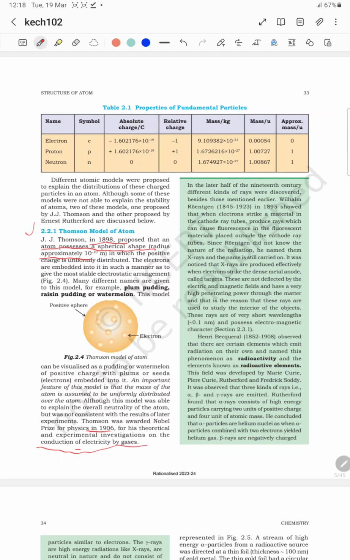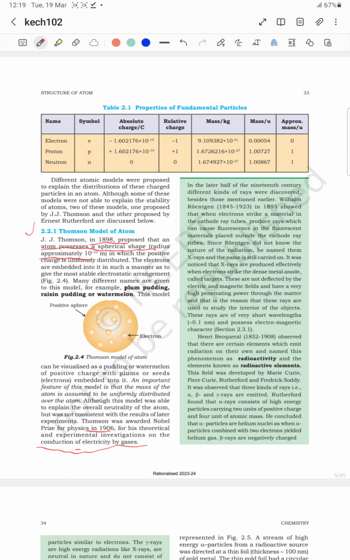So some more things related to the experiments. In the later half of the 19th century, different kinds of rays were discovered besides those mentioned earlier. Wilhelm Röntgen in 1895 showed that when electrons strike a material in the cathode ray tubes, it produces rays which can cause fluorescence in the fluorescent materials placed outside the cathode ray tubes.